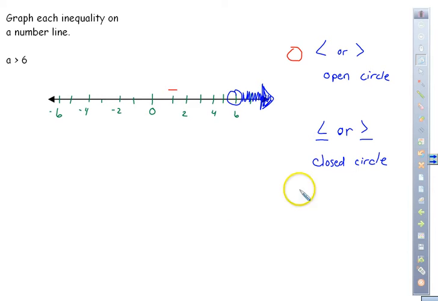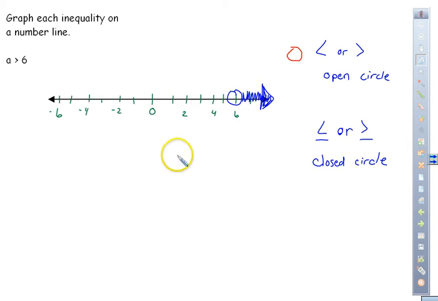So when it says a is greater than 6, it does not include 6. It has to be greater than 6. So we put an open circle around 6 and then fill in that line and make an arrow pointing in that direction, because it has to be greater than.